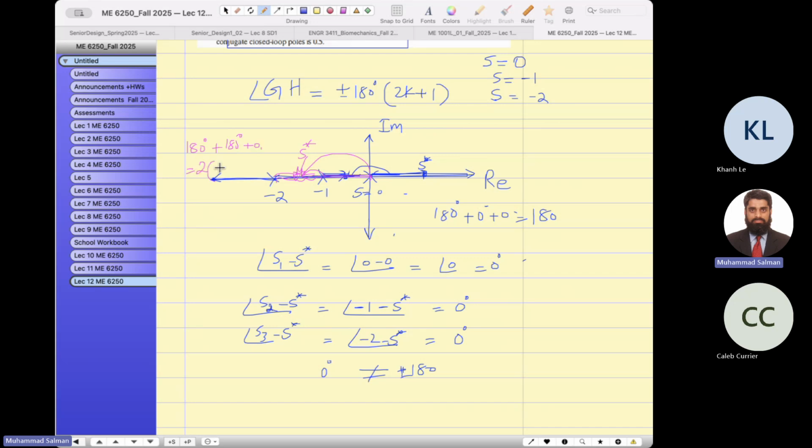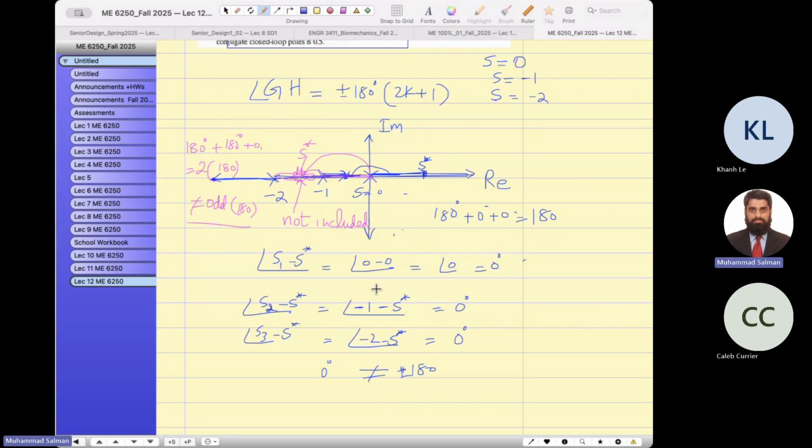So it is 2 times 180 degrees, which is not equal to an odd multiple of 180. You see, so this region is also not included in our root locus.